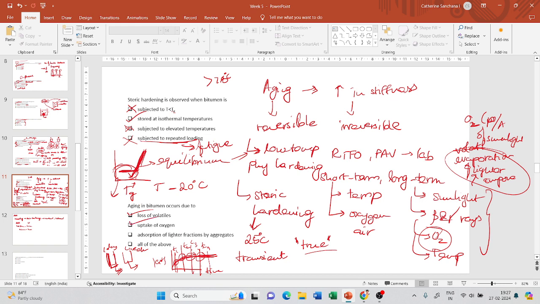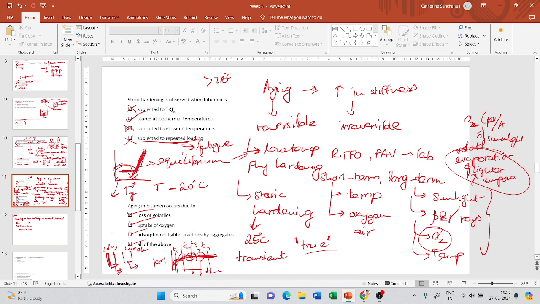Absorption of lighter fractions by aggregates: when I explained long-term aging, I explained that when you mix it with aggregates, the lighter fractions get absorbed into the aggregates, and so the stiffness of the bitumen will increase. So it is because of this also. Okay. So the answer to this is all of the above.